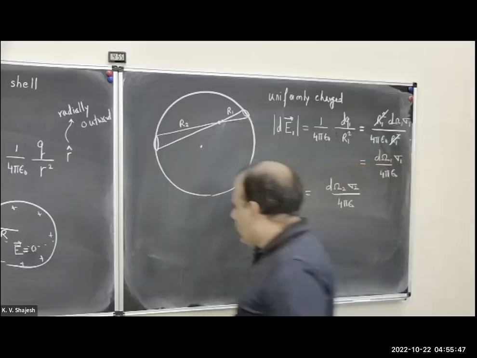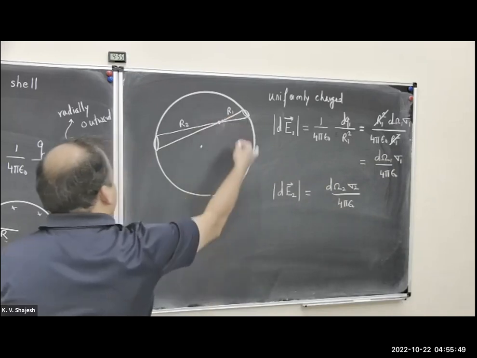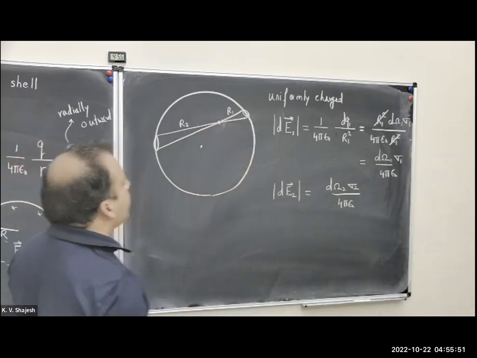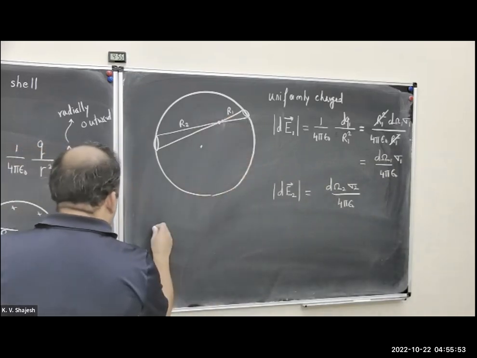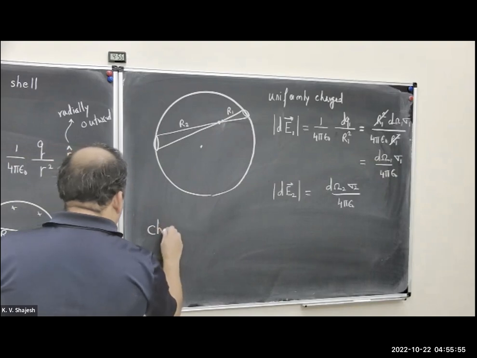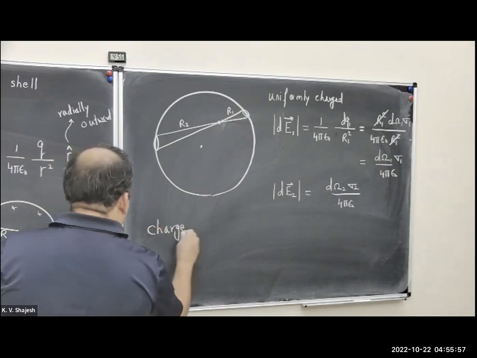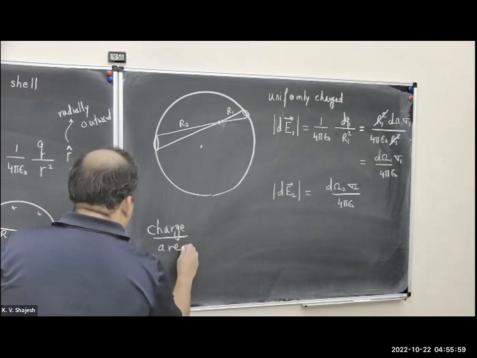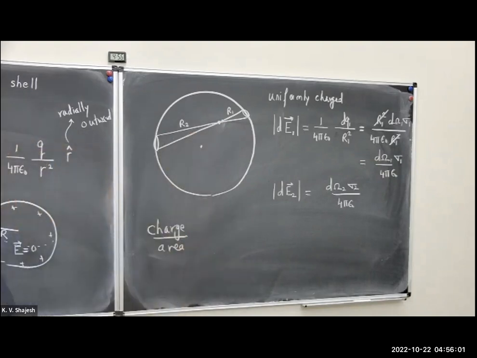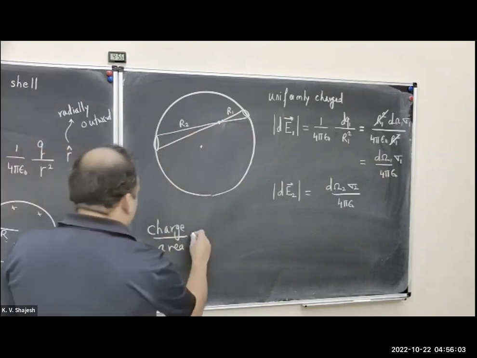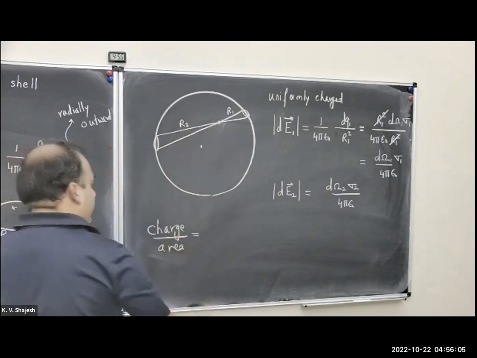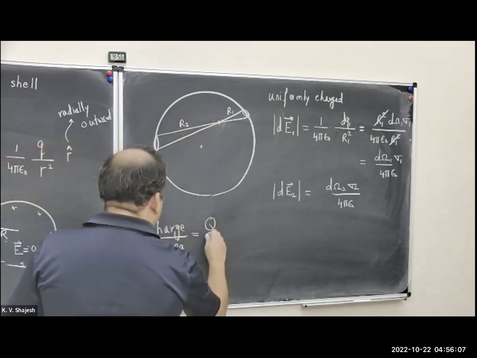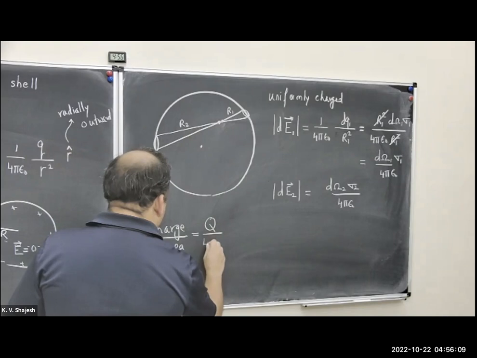Yeah, how that works is, what do we mean by a uniformly charged sphere? That means charge per unit area for any piece of it is constant, correct? So I can take the full sphere, that's charge q, divided by 4 pi capital R square, the area of the sphere.